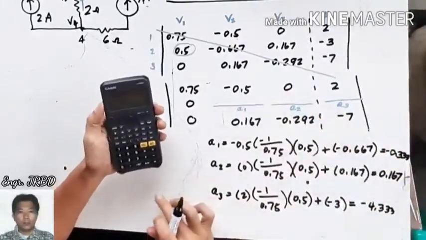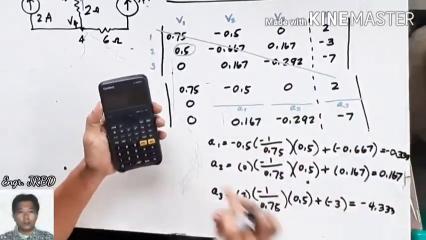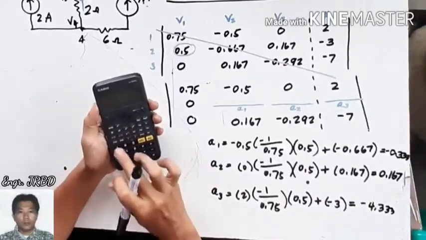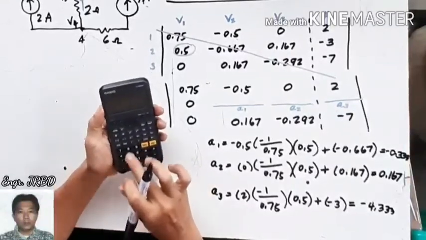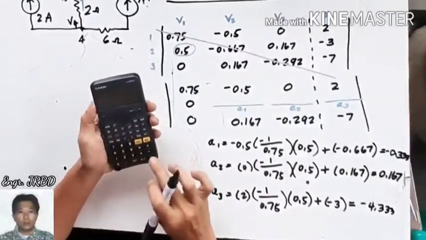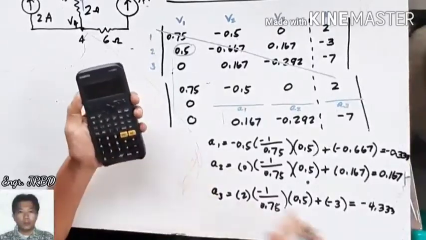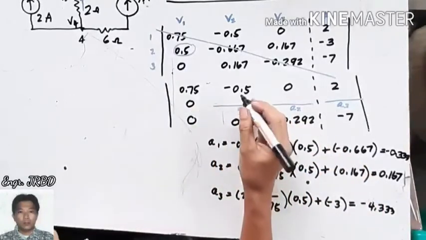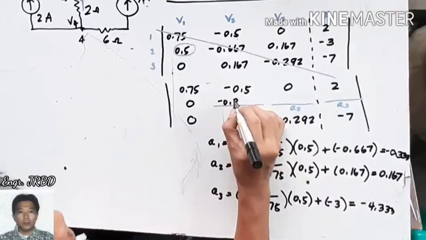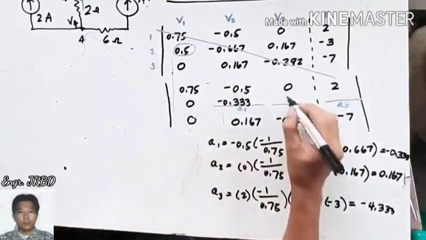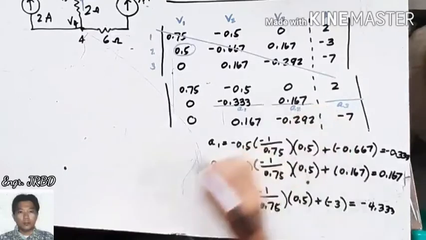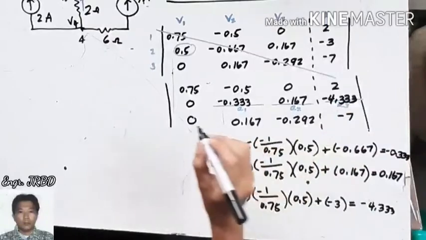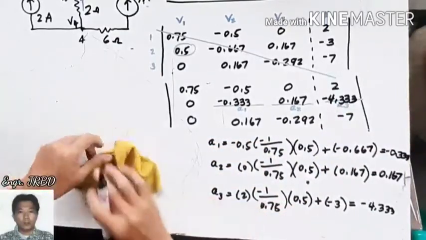For a sub 2, that is 0.167. For a sub 3, that is 2 divided by negative 0.75 times 0.5 plus negative 3, and the value is negative 4.333. So if we write this down in the space allotted, negative 0.333, 0.167, and negative 4.333, so that we are now free to erase this portion.